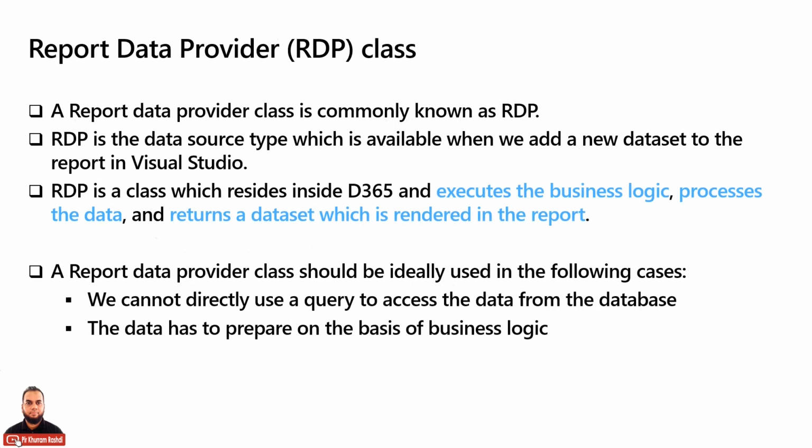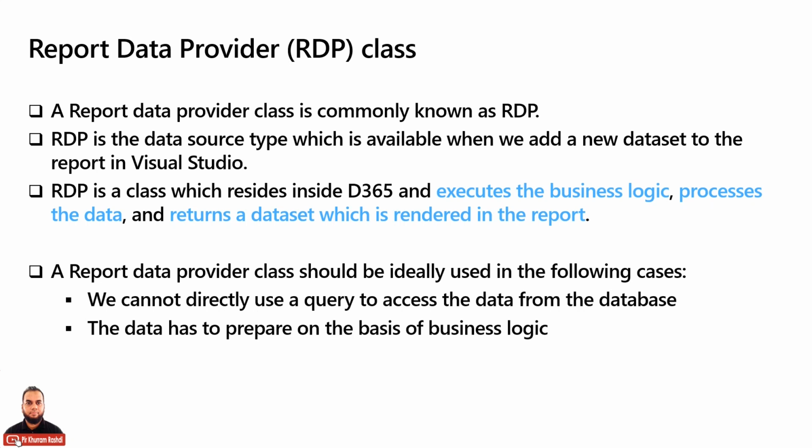So what is a report data provider? This is the main class, normally abbreviated as RDP, and sometimes it is called DP as well, meaning data provider or report data provider for RDP. RDP is the data source type which is available when we add a new data set to the report in Visual Studio.